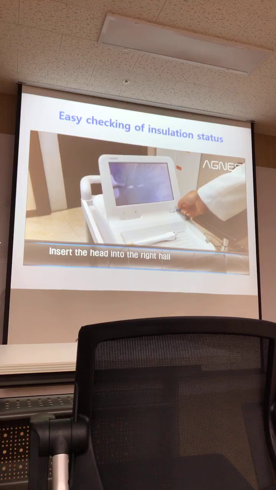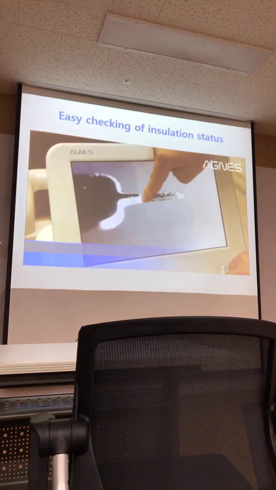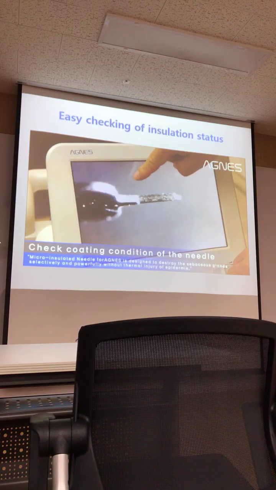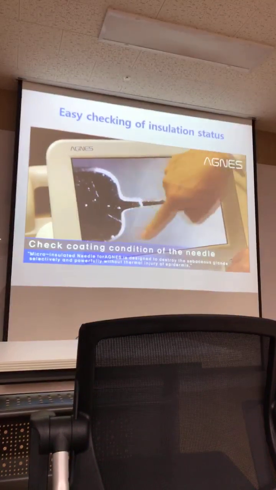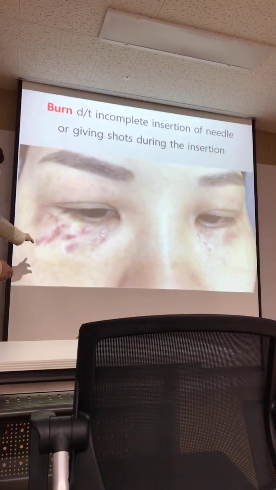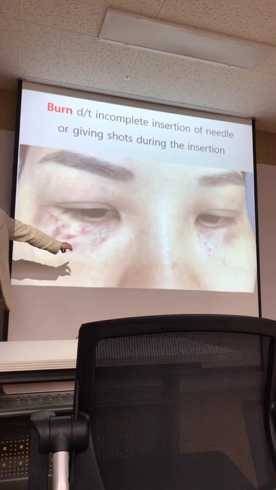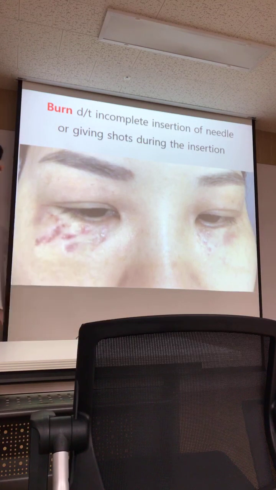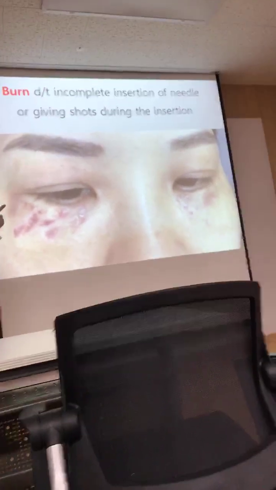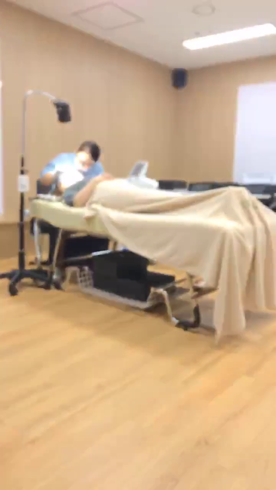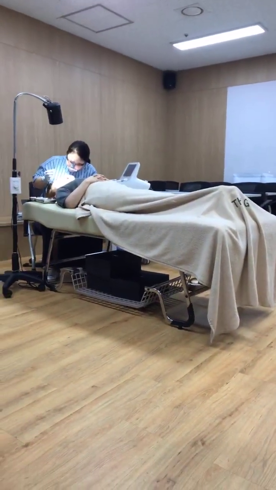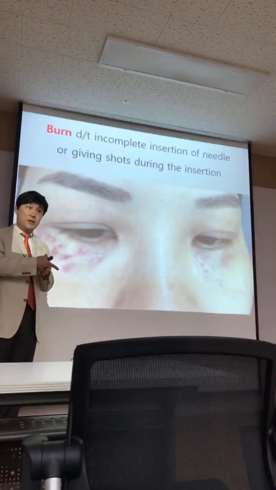I put a magnifying camera inside the device, so we can check the insulation status before treatment. Without insulation, it may burn like this. There is one single important thing to avoid burns: press the foot switch only after the insulation is complete. Don't press the foot switch during the insulation, because it makes a burn.